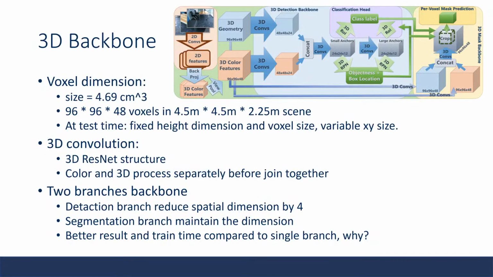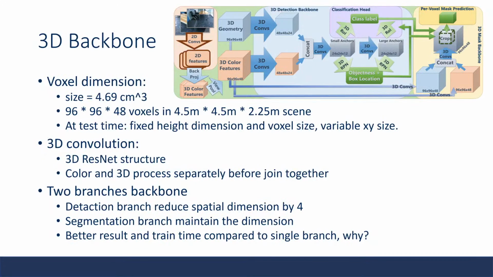For the 3D geometry backbone, here is the voxel dimension set for the training and testing cases. For the 3D convolution, they use a 3D ResNet, and the color and 3D features are passed through the ResNet first before being joined together for later tasks.